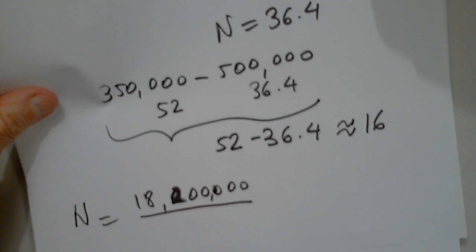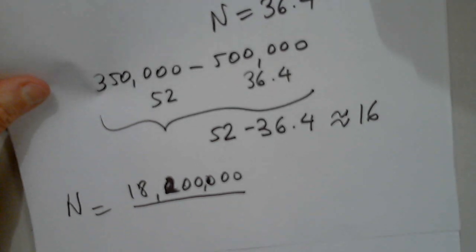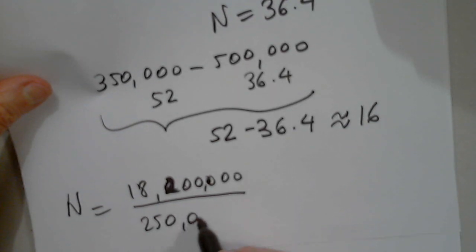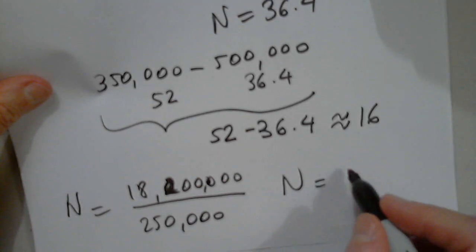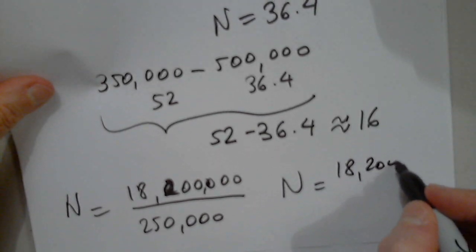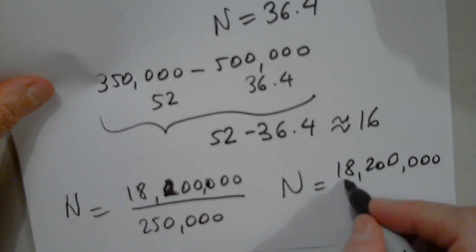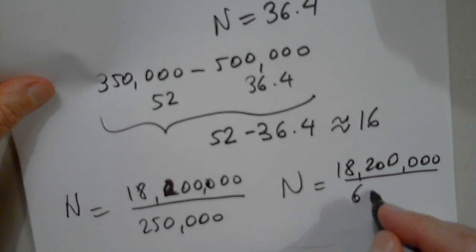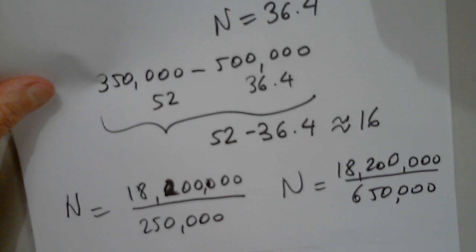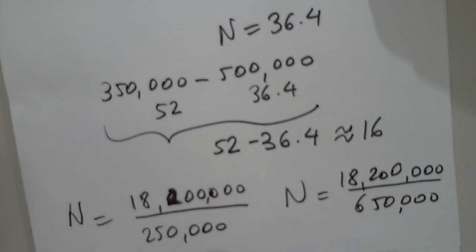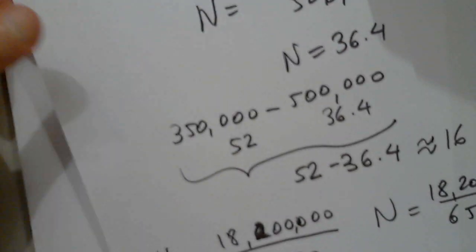And again, 250, 650. So we will divide by 250. And then we divide 18,200,000 by 650. When we divide, we will see what the difference is. So let's do that.